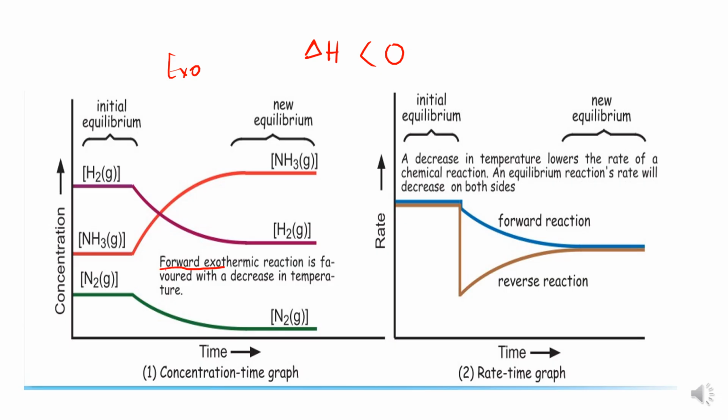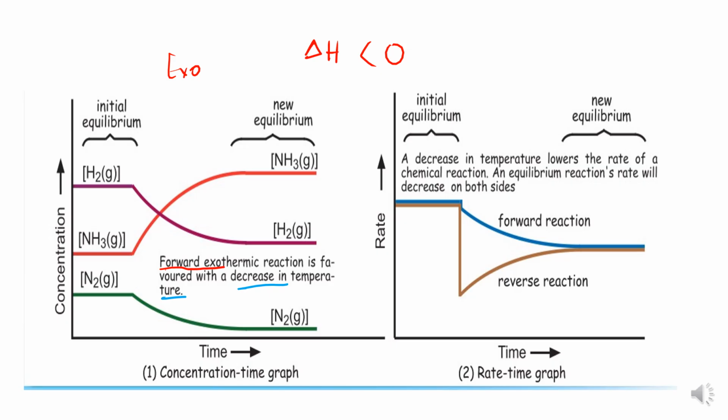What does that mean? Now if you think about it, it means that the temperature must have been decreased, because it's a decrease in temperature that favors the exothermic reaction, while an increase in temperature favors the endothermic reaction, right?